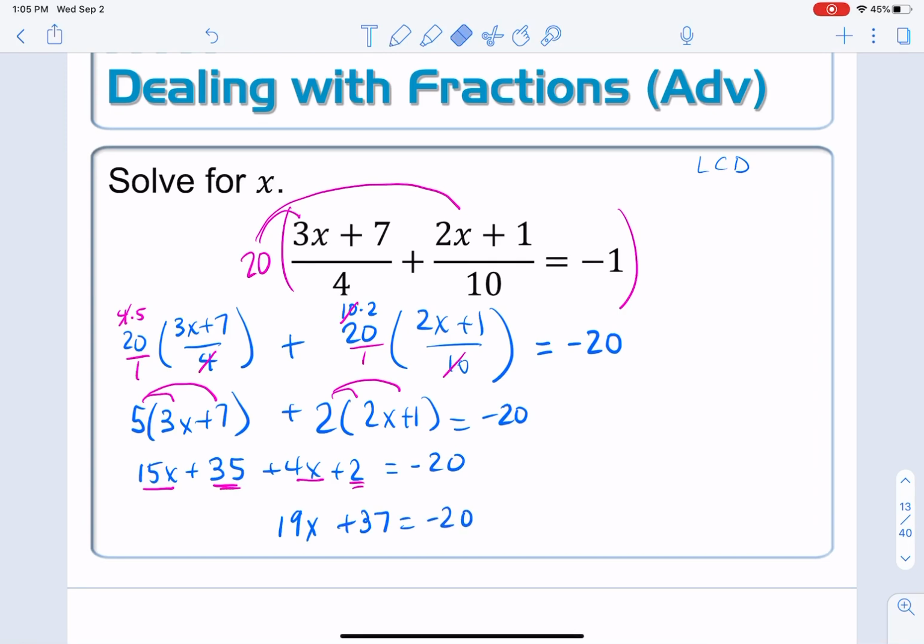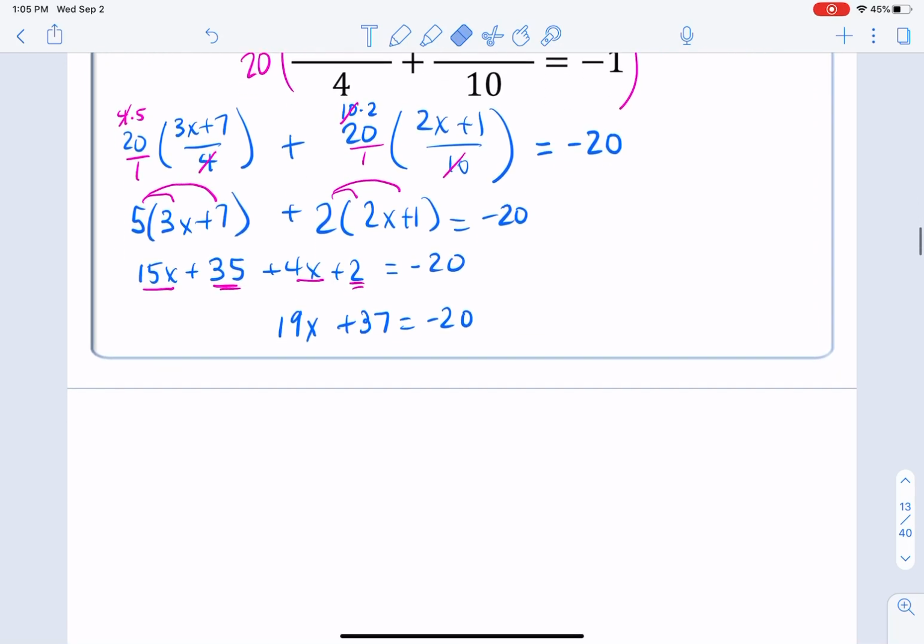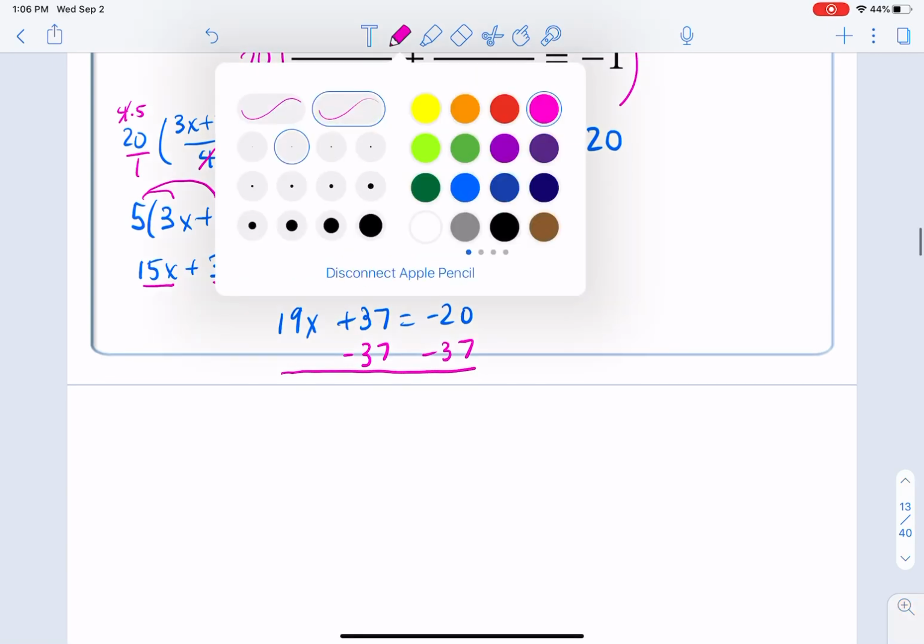And look at that, I am running out of room because that's what happens. Now, a very straightforward linear equation. I want to get rid of this 37, so I will subtract that 37 from both sides. Now, if you can just subtract it to the other side without actually having to write it down, I'm perfectly on board with that.